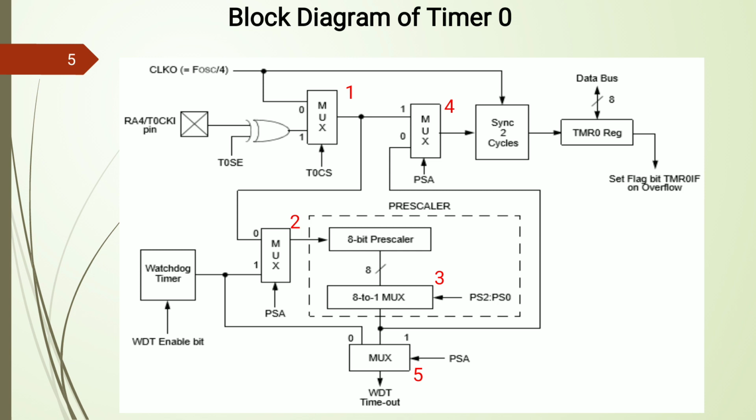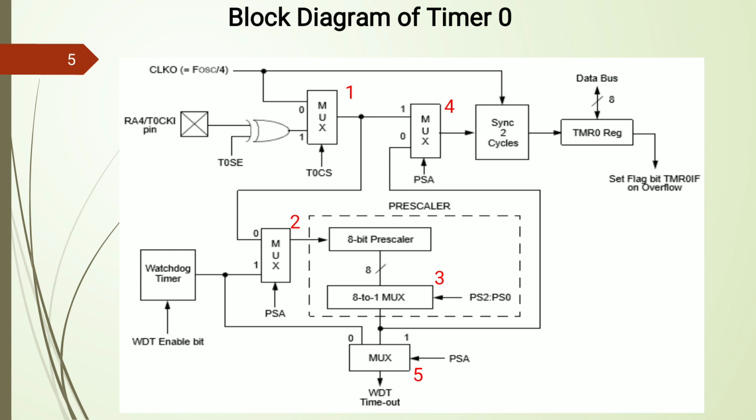So from MUX 1 signals are connected to MUX 2. Here again PSA is equal to 0. So the signal coming from the internal or external clock source, that is the output of MUX 1, is applied to the prescaler circuit, and the signal coming from the watchdog timer is not applied to the prescaler circuit. So automatically the timer is selected and the watchdog timer is disabled.